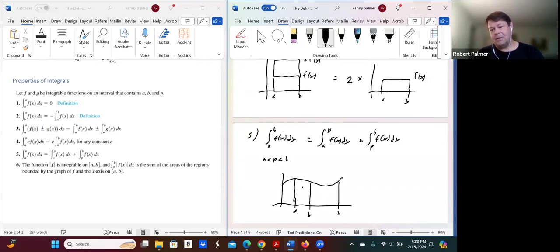If this is area 1 and this is area 2, then area 1 plus area 2, the area of the curve from a to p plus the area of the curve from p to b, is equal to the total area. This is the total.